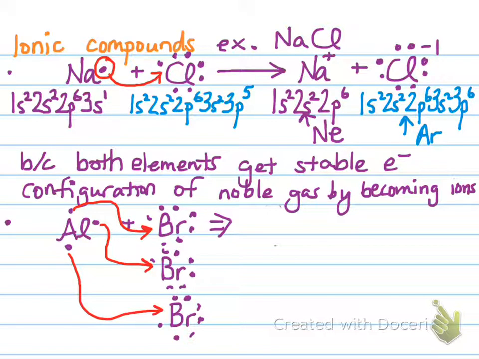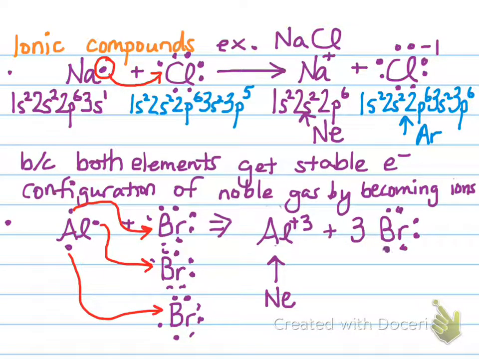Right? As a result, I'm going to get aluminum with a +3 charge, and it's going to have the electron configuration of neon. And I get 3 bromides, each having 8 electrons around them and having a -1 charge, and so they've gotten the electron configuration of krypton.